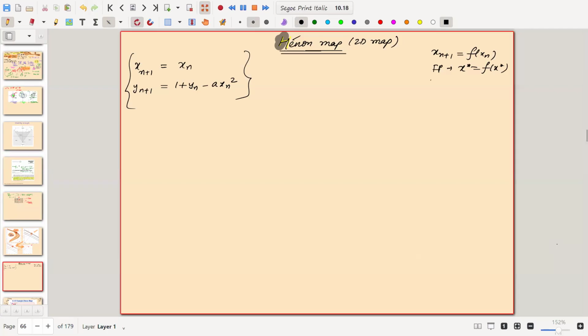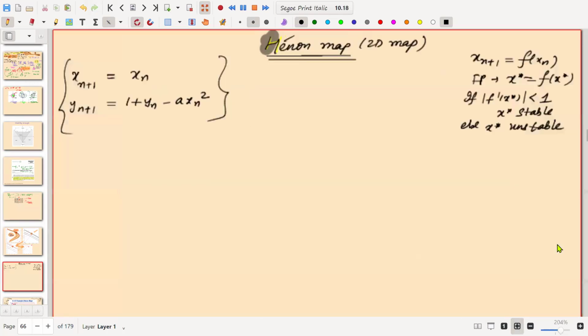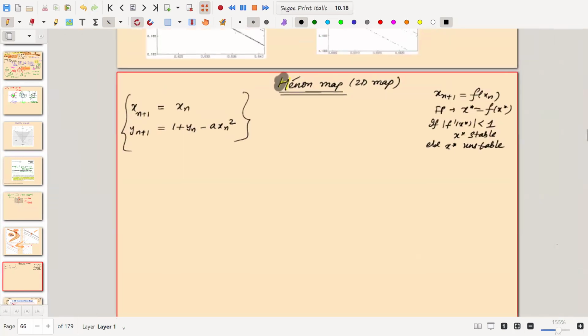If the absolute value of the derivative at x star is less than 1, then x star is stable, else x star is unstable. Is it okay? Fine. This is all about 1D maps.